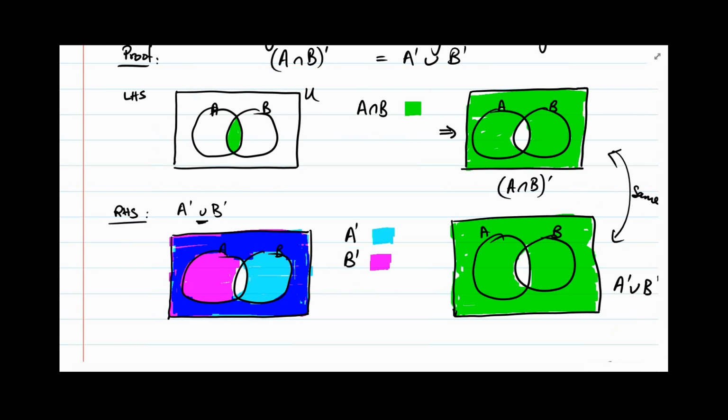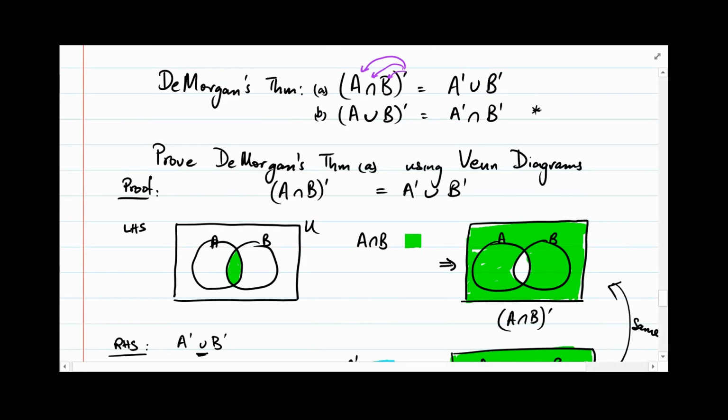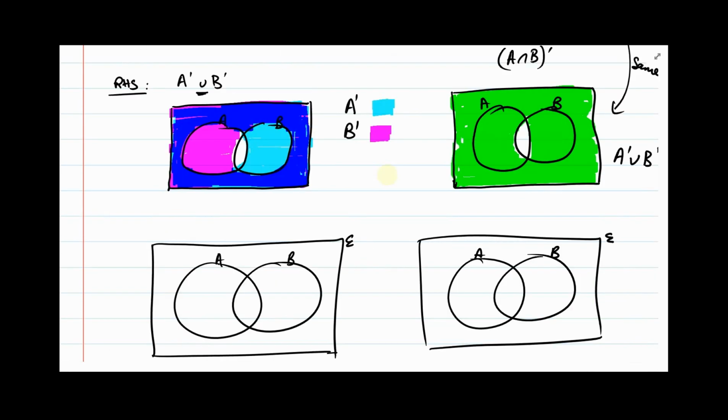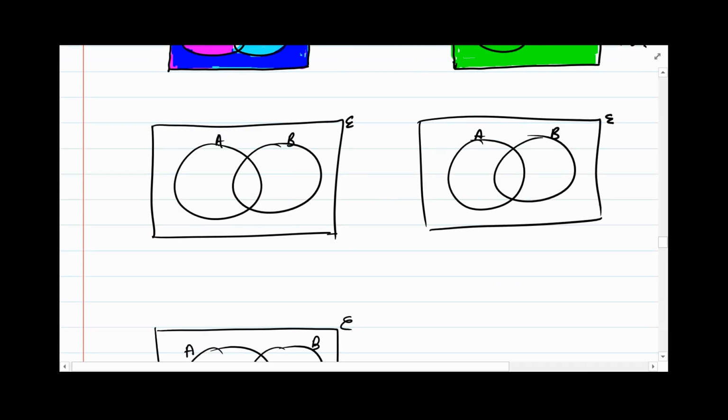All right, so I will leave the second De Morgan theorem for you to work as your homework and prove using the Venn diagrams that these are indeed an identity. Okay. What I want to do now is write a few sets. So if I said let's shade A union B complement.